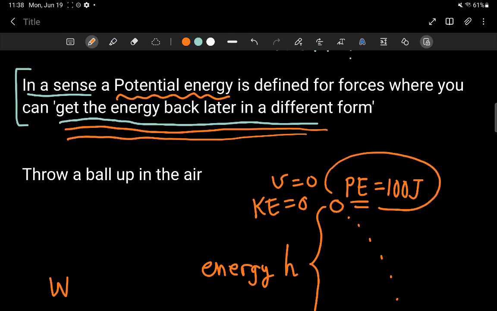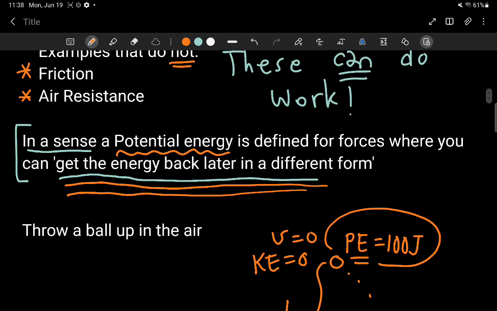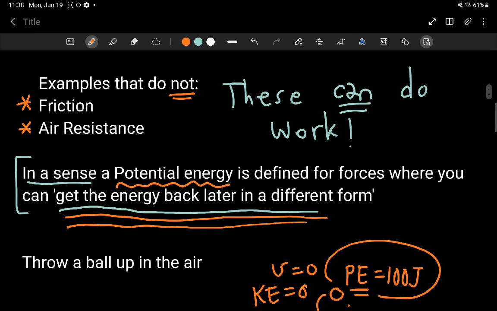Earlier, we have this form of energy. It's called potential energy. In particular, it's gravitational potential energy. And later, a little bit later in time, I don't have potential energy left, but I do have a different form in its place. So in a sense, the energy was stored and we could get it back later.